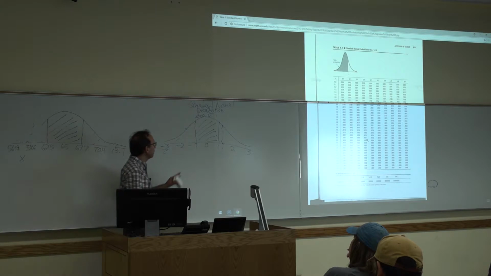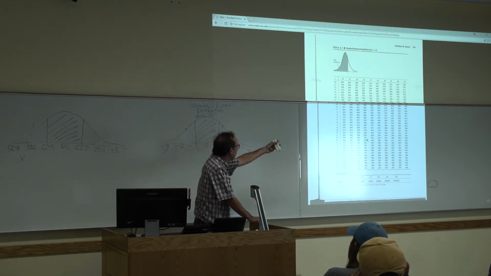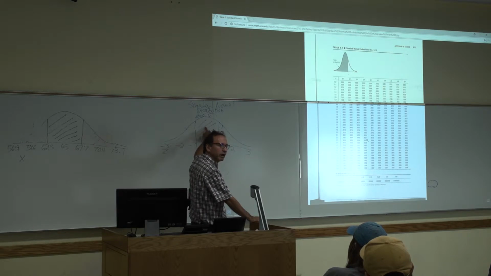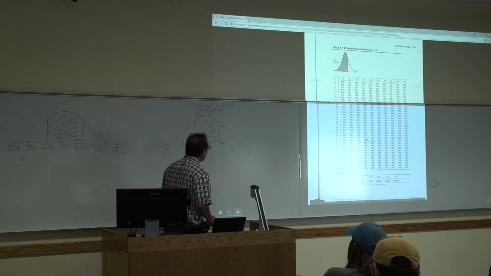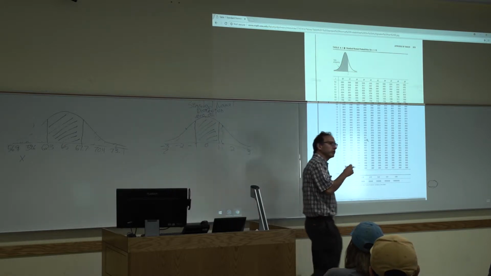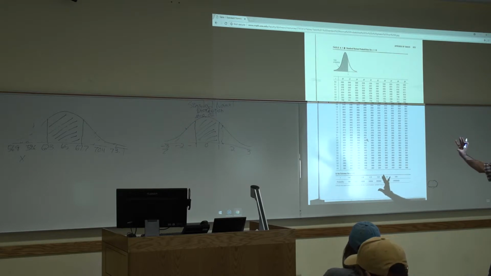So what we can do is convert over to our standard normal distribution, then make use of our table to figure this area out. If we know this, we know this. Okay? So the usefulness of the standard normal distribution is this. It provides a nice reference distribution.